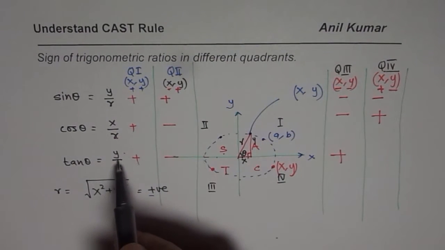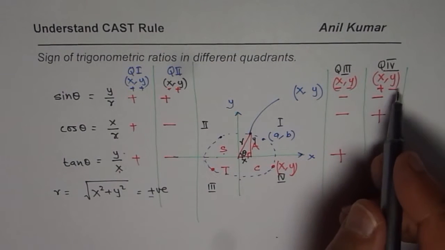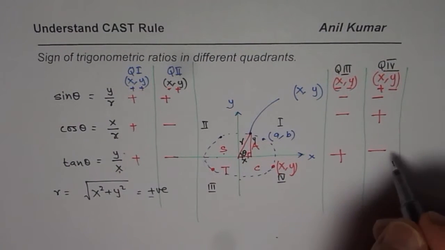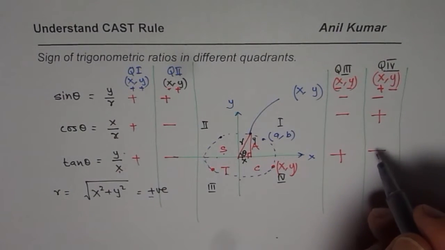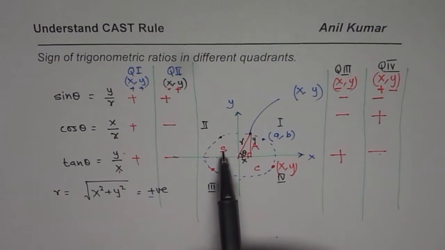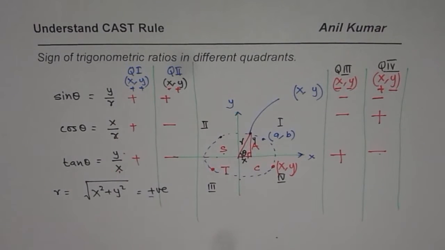For tan, y over x, y is negative and x is positive, so negative divided by positive is negative. Therefore, you get negative for tan. So that is why all are positive in quadrant 1, sine in 2, tan in 3, and cosine in 4. I hope it makes sense to you.